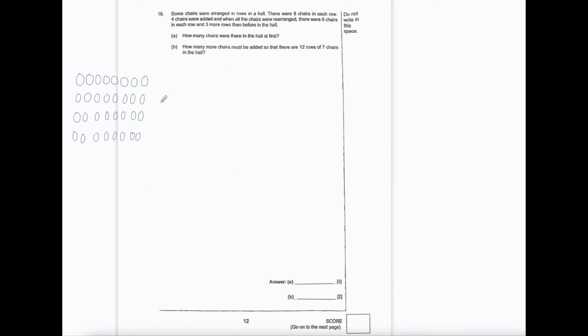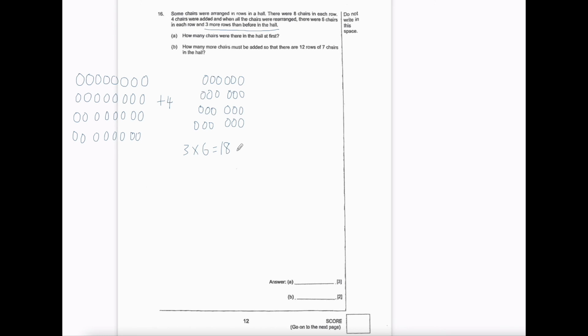So then they added 4 chairs, and then they rearranged also into rows of 6. I'm also going to draw about 4 rows. So there were 3 more rows than before in the hall. So there were 3 more rows of 6.